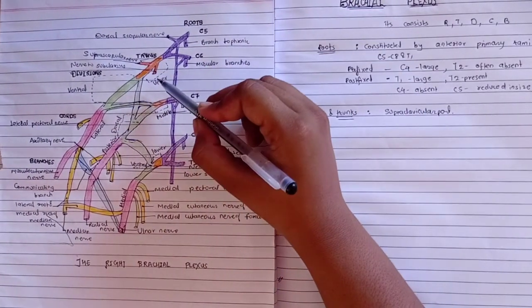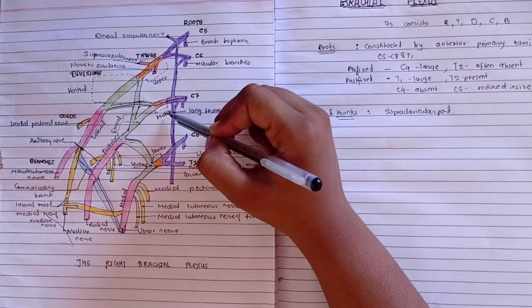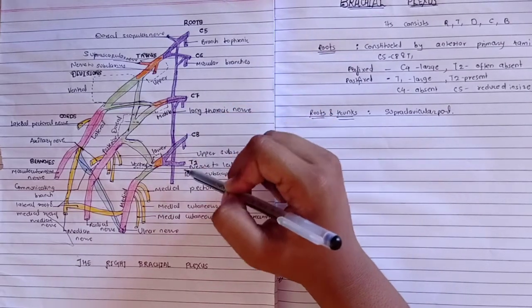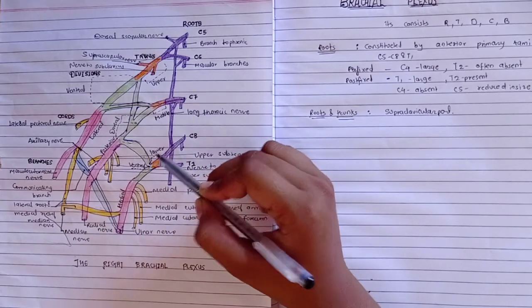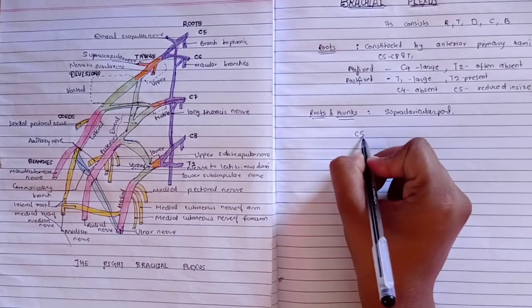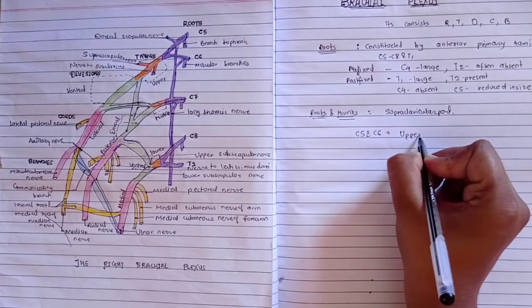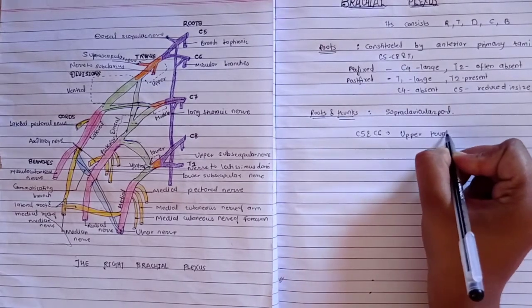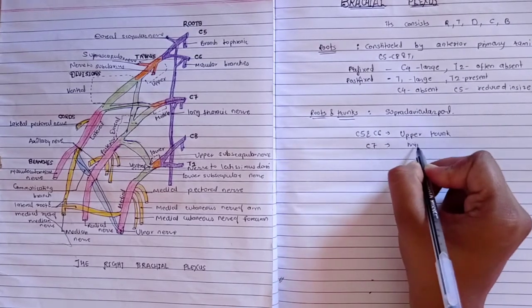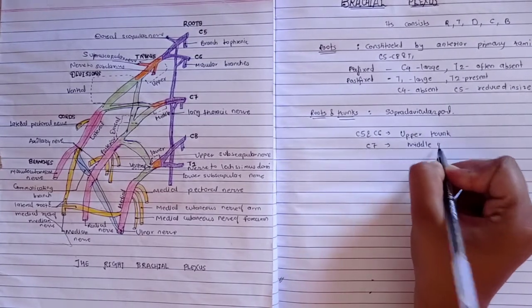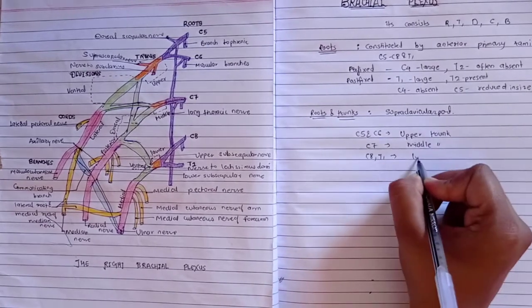Root C7 forms the middle trunk, and roots C8 and T1 join to form the lower trunk. So: upper trunk, middle trunk and lower trunk.